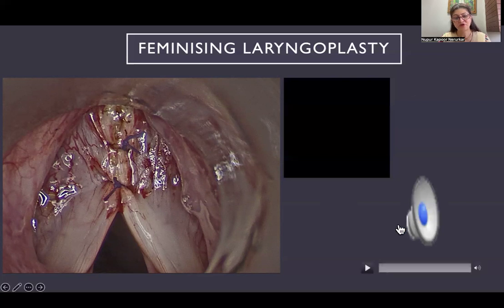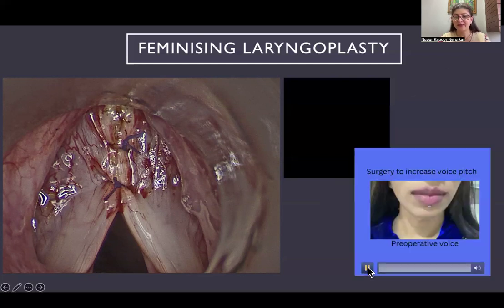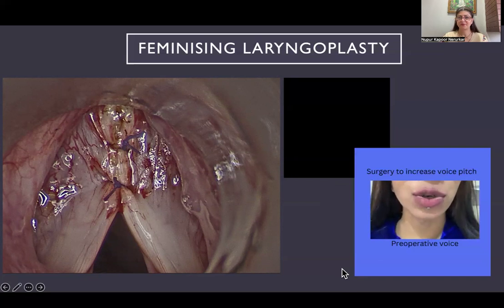And one of our trans women, this is what she has to say. 1, 2, 3, 4, 5, 6, 7, 8, 9, 10.